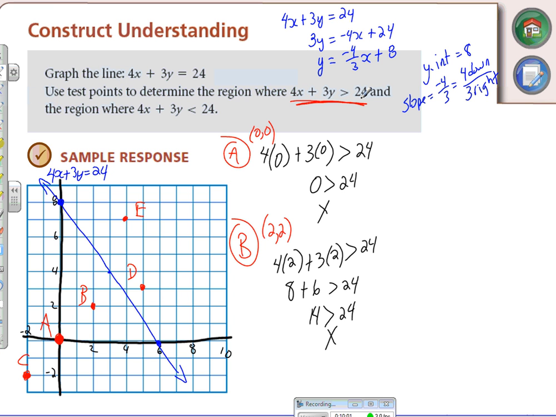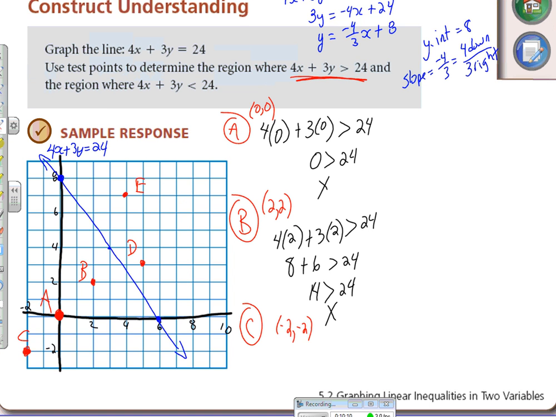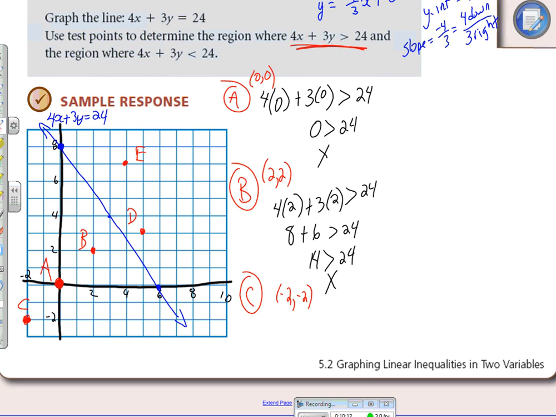Let's try point C. Point C, we're choosing -2 and -2. Let's see if this one satisfies it. Finally, 4 times -2 plus 3 times -2. Is that going to be greater than 24?